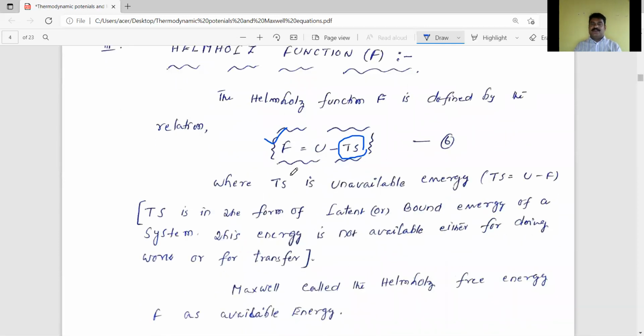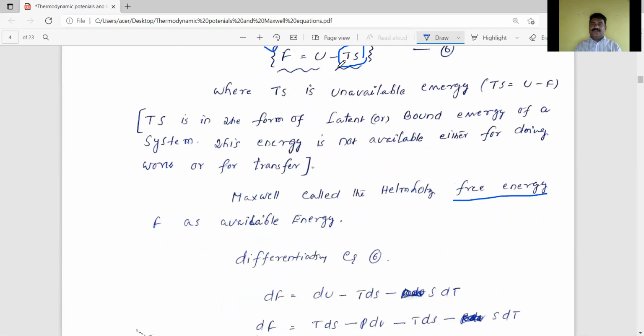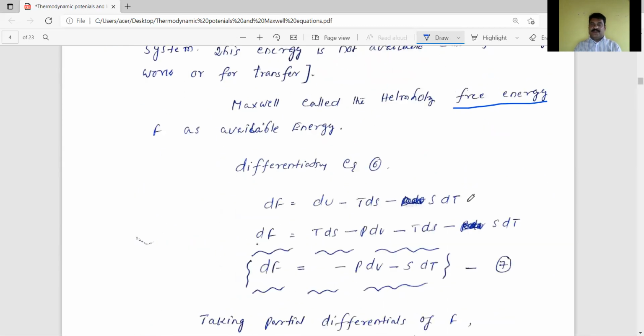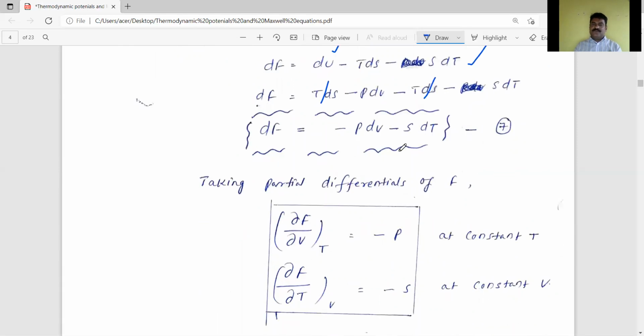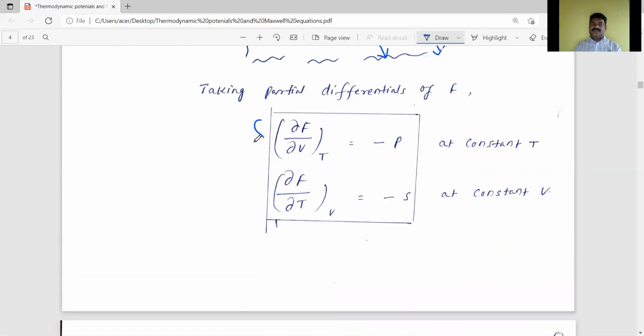That is why this energy is called Helmholtz free energy. If you differentiate this equation and substitute the value of dU, these two terms cancel out. Then you get dF equal to minus PdV minus SdT. From that, if you take V as a constant and T as a constant, you can get these two equations.